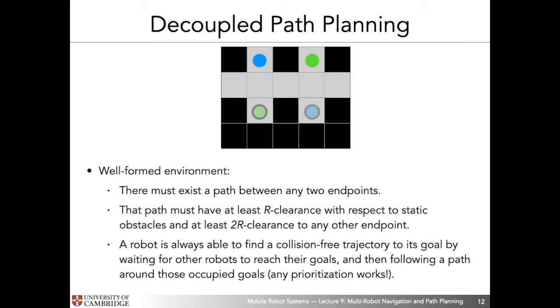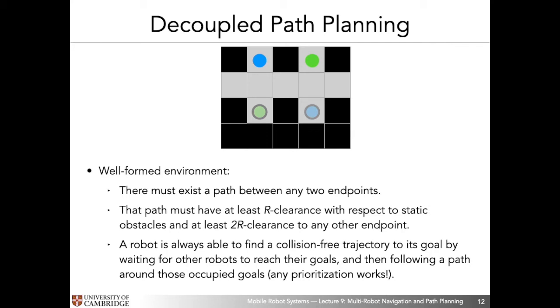The way it does this is either by waiting for other robots to reach their goal first, and then following a path around those occupied goals, or it's the one that's being prioritized and it directly moves to its goal, right? And the key thing here is that any prioritization in the multi-robot system works. And that is why this decoupling leads to completeness for well-formed environments.